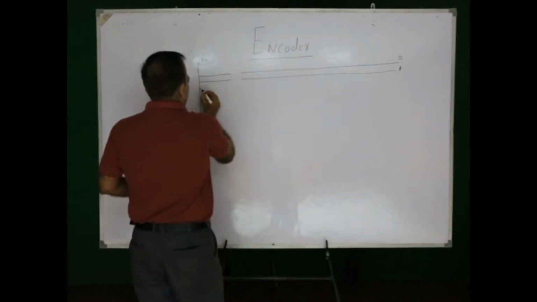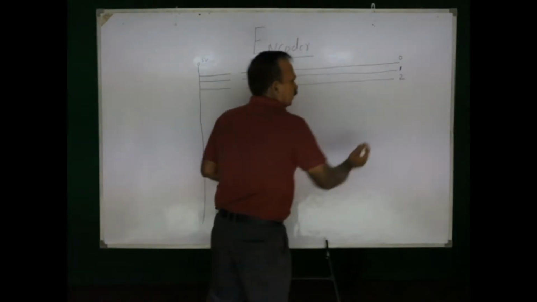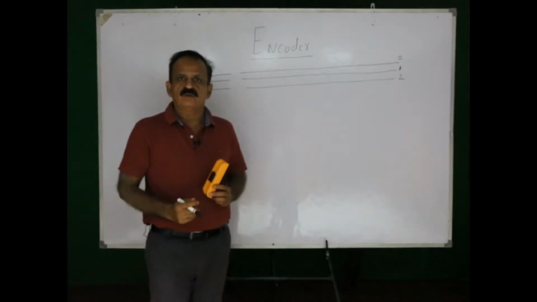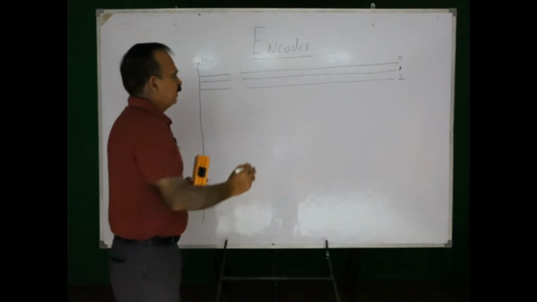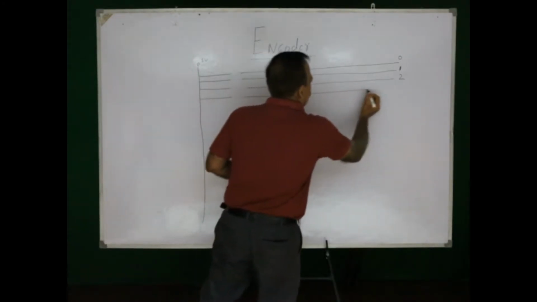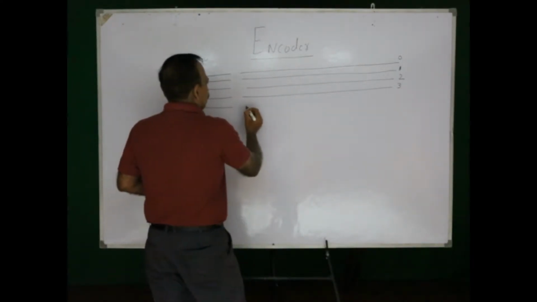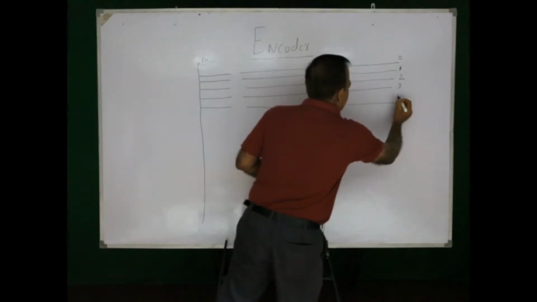The next one represents 2. As we know, the decimal digits will be from 0 to 9. So we will be having 10 horizontal wires, and each horizontal wire will be representing 1 decimal digit.